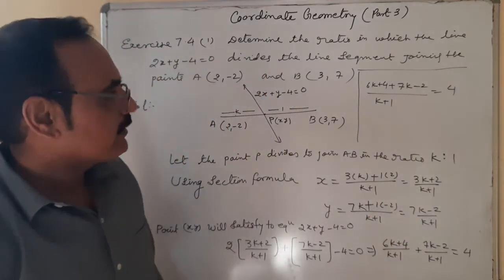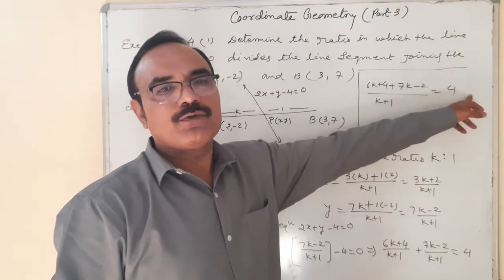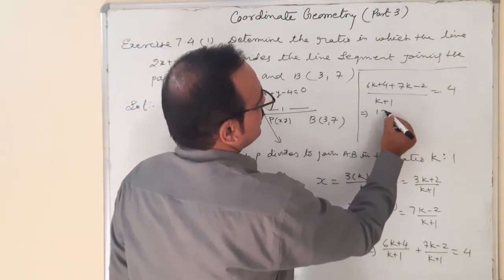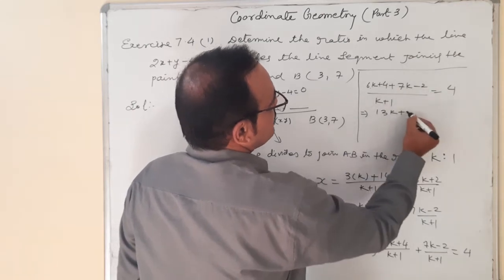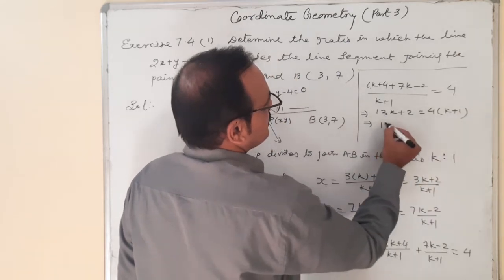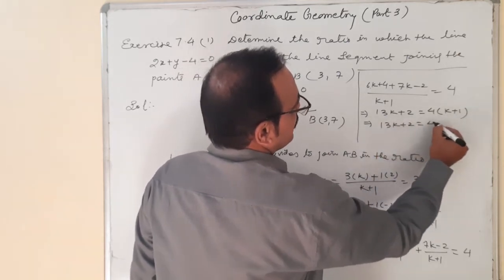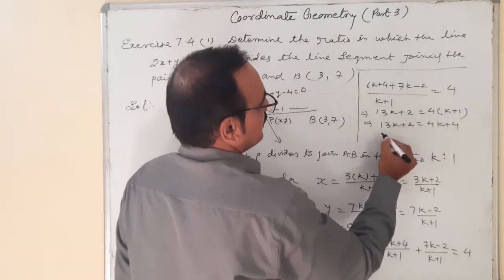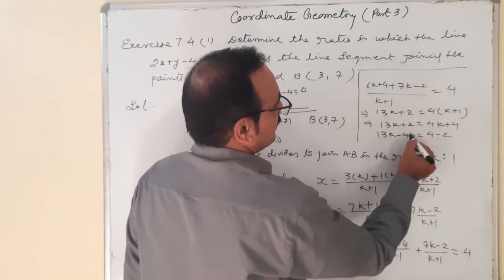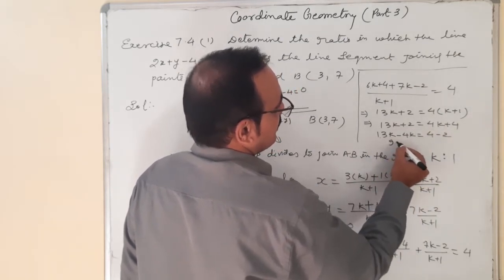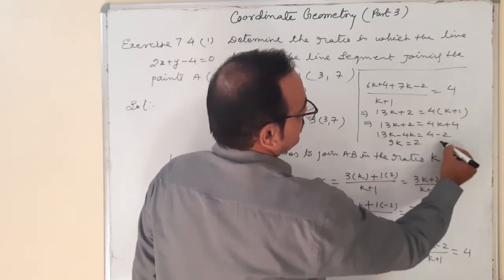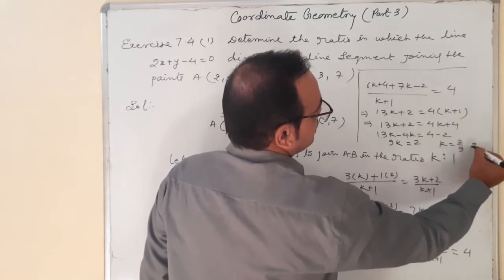K plus 1 shifts here, multiplied with 4, so 4k plus 4 is coming here. 6k plus 7k is 13k, 4 minus 2 plus 2, is equal to 4 multiplied by k plus 1. So 13k plus 2 is equal to 4k plus 4. Shifting k here, 13k minus 4k is equal to 4 minus 2. 13k minus 4k is 9k, equal to 2. Therefore k is equal to 2 upon 9. That means it is 2 ratio 9.